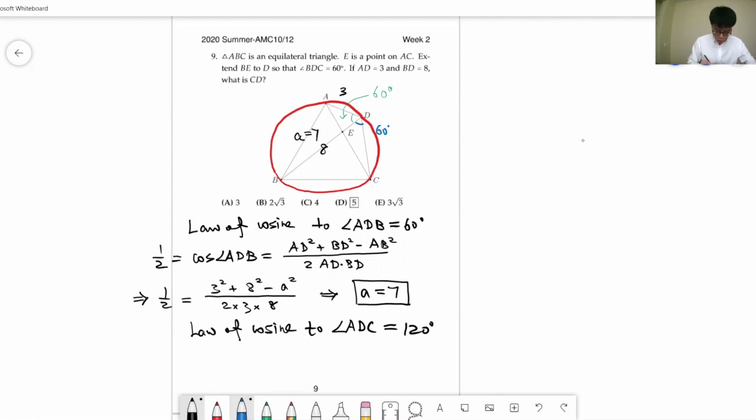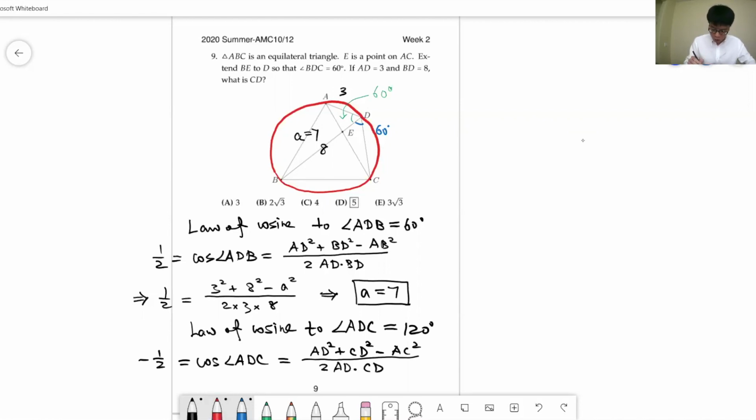So cosine of 120 is minus 1/2. So this equals AD squared plus CD squared minus AC squared, divided by twice AD times CD.